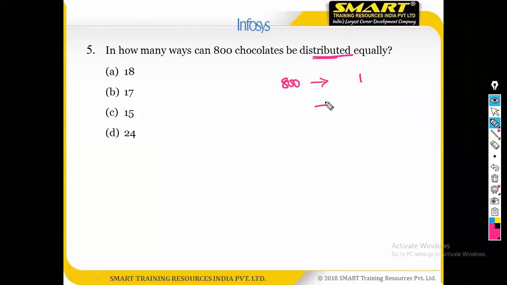So if there are 2 persons, I'll give 400 to each person, right? Next, if there are 3 persons, can I do the equal distribution? If there are 3 persons, is equal distribution possible or not?